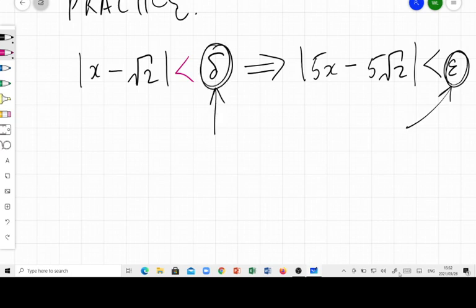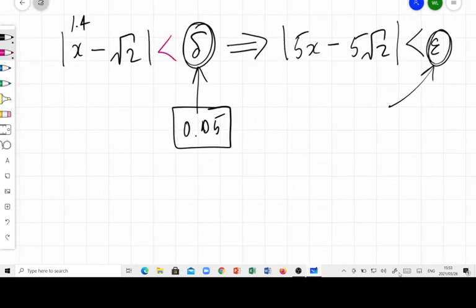So we knew, for example, that if x was 1.4, it was correct to 1 decimal place. Therefore, we knew that my delta was 0.05. And so the corresponding error bound that comes from working with this inaccurate x is going to be 5 times the original error, which is delta, which is 0.25.